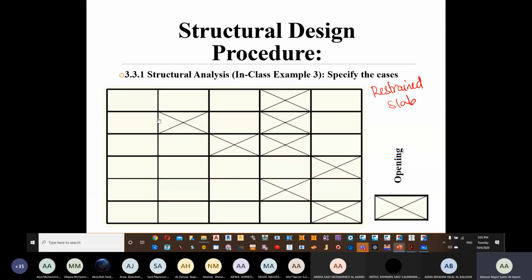Now, according to the slabs which I have here, which one of them is going to be surrounded from all sides? Can you see here we have short and long sides? This is the short side. This is the long side. Can you see the short and long side?